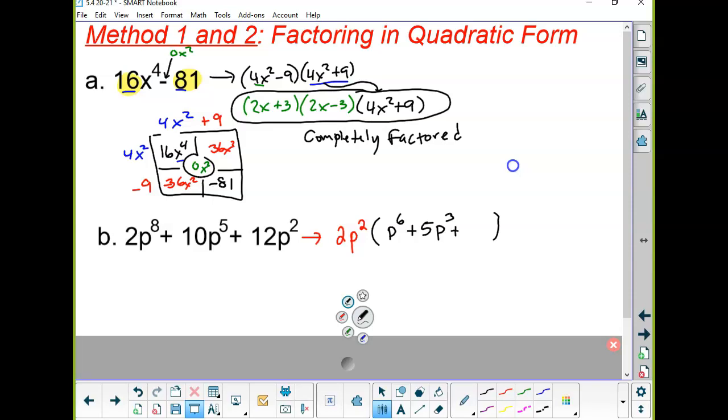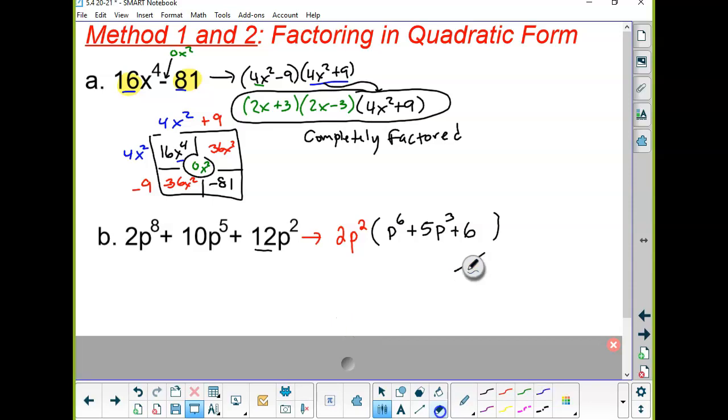And then the last one, if I take a 2p squared away from 12p squared, we get just 6. Now, one of the things I like to do in my head is, if you were to redistribute this, did you get back where you started? That's how you can check to make sure that everything worked out.